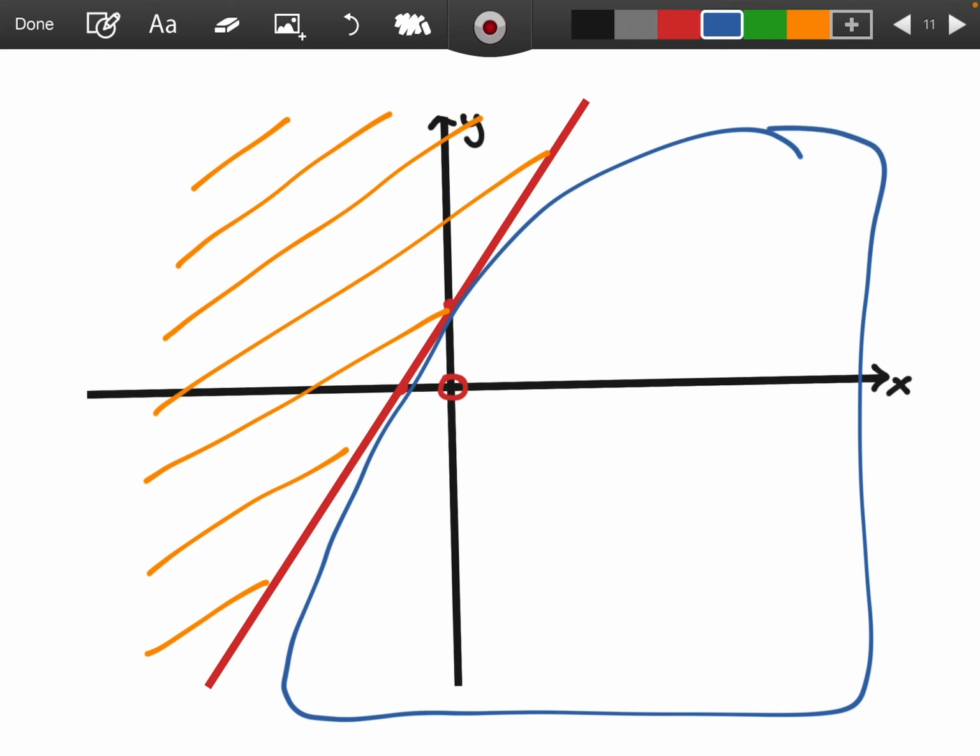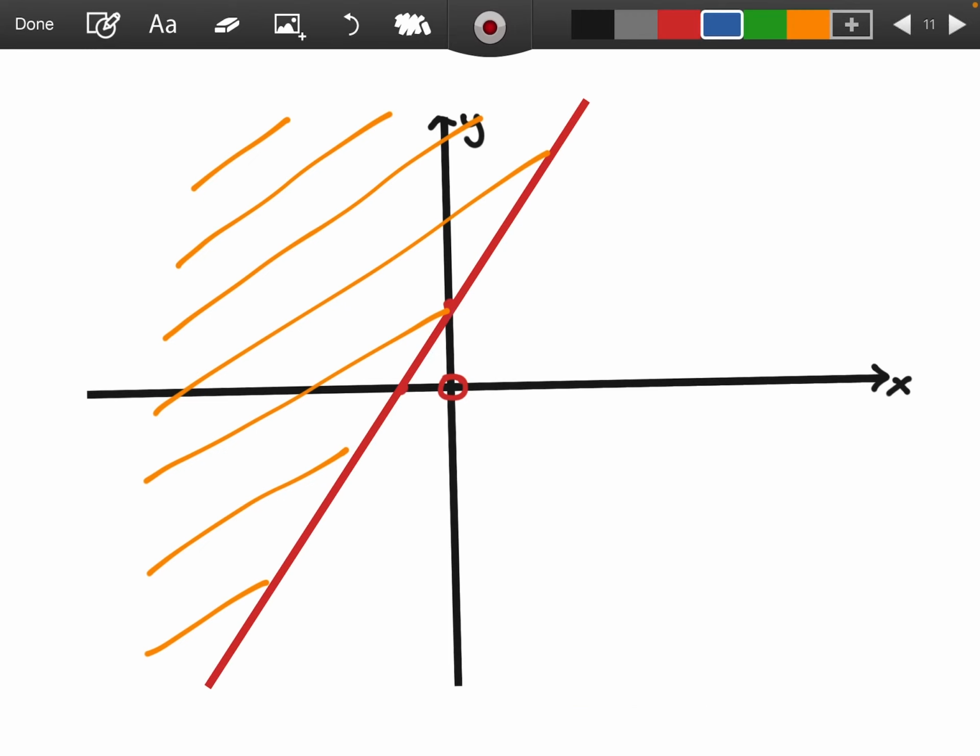It's everything on the other side of the line that does not satisfy it. So I've scratched out everything on the other side of the line, and everything in this clear plane below the line will satisfy my inequality. We are also including the line in satisfying the inequality because it is a less than or equal to. So anything that equals on the line will also satisfy it.